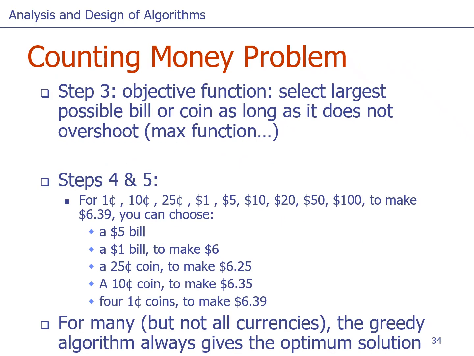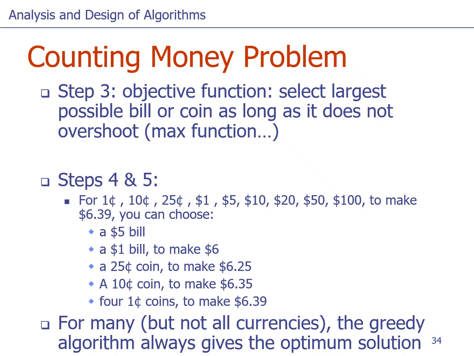Now, my objective function is I will select the largest possible bill or coin as long as it does not overshoot. So my objective function, I will pass it the monetary values, and I will pass it what I'm trying to make as a sum, and it will pick from the passed values the largest value that exists in the input, as long as the total sum up till now did not exceed my target.